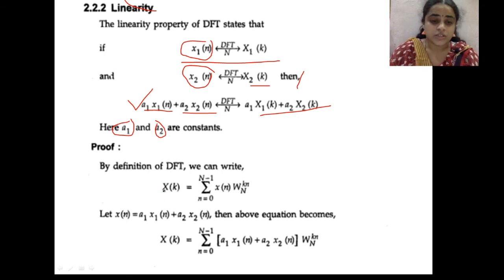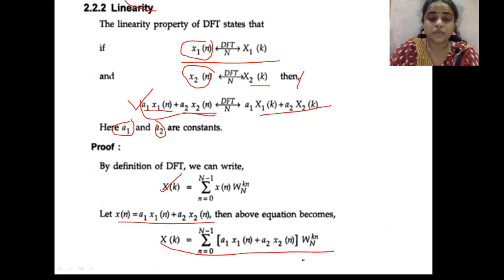In any proof, we first write the equation of DFT. X of k equal to summation n equal to 0 to N minus 1 x of n into omega N power kn. That x of n is the LHS that they have given. So substitute it in the above formula and expand it.